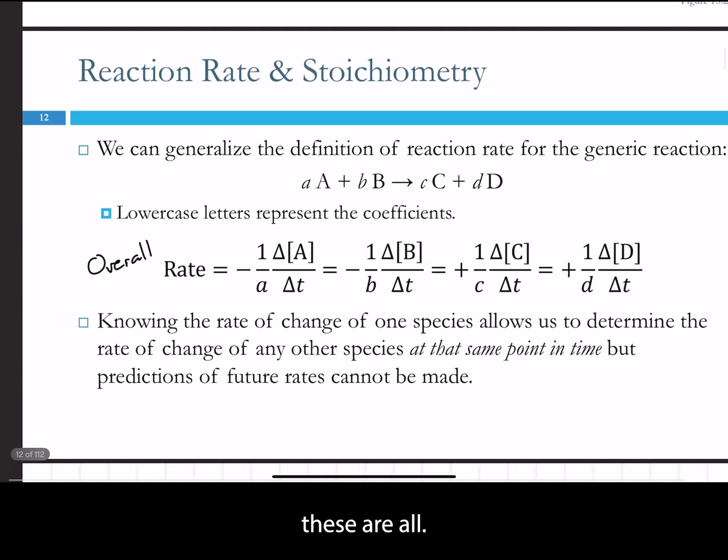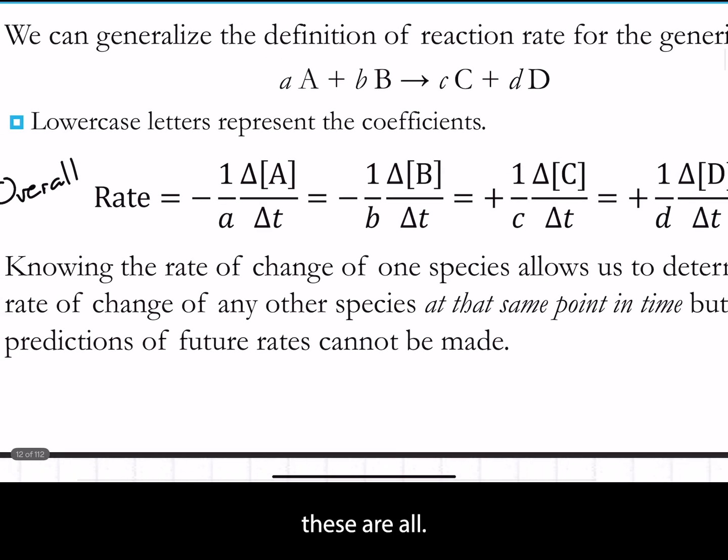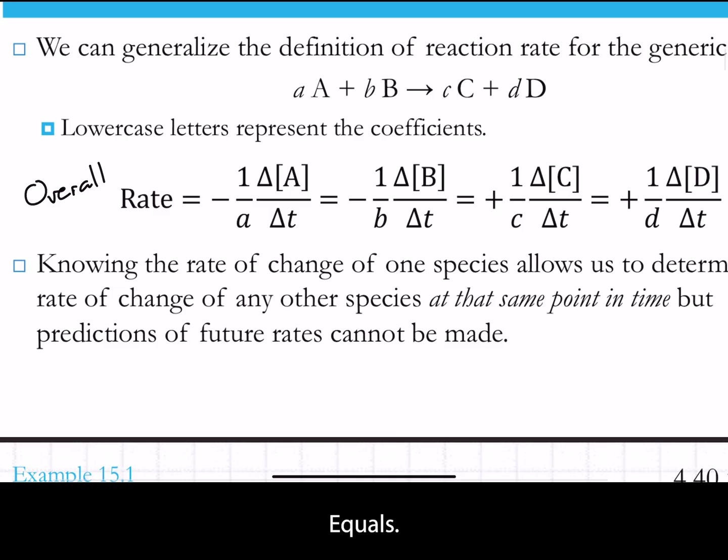You can see that the overall rate is equal to each of these. So if you have one, you just set any two of those equal to each other and you can find the other. You don't actually have to calculate the overall rate.